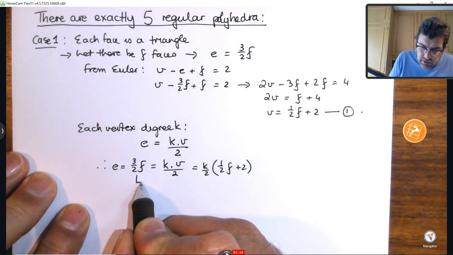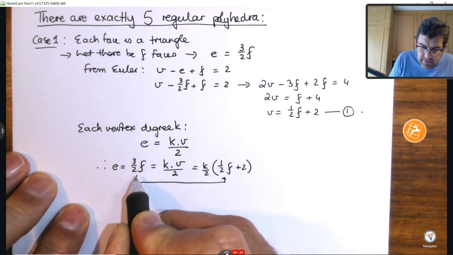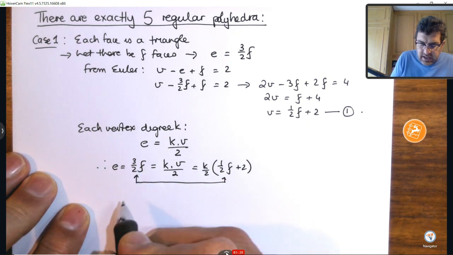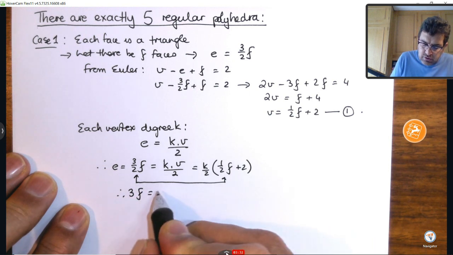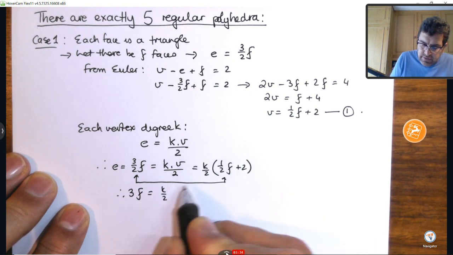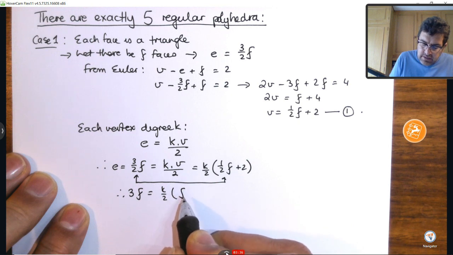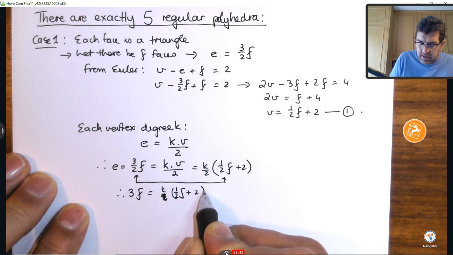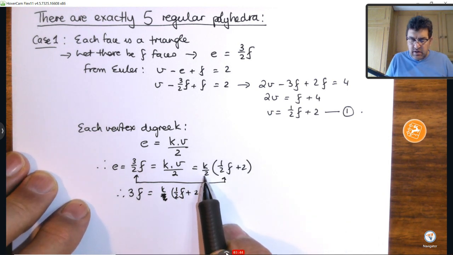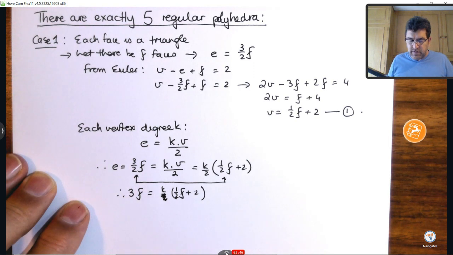The half on each side cancels, so I'm left with 3F equal to K times a half F plus 2. Remember that half cancelled with the half over there.